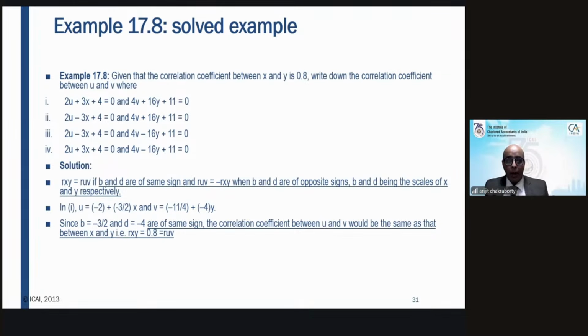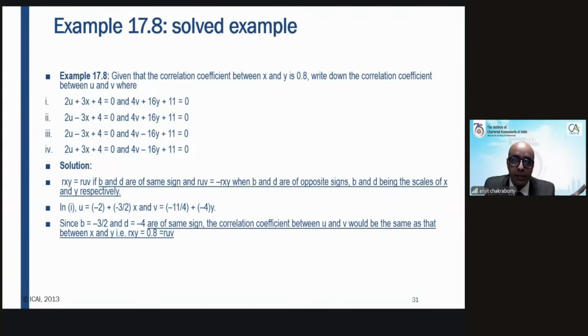If out of the two scale B and D, if one of them is negative, B negative but D is positive, or B is positive but D is negative, then RXY, that is correlation coefficient of X and Y, will be equal to RUV, but the sign will change.